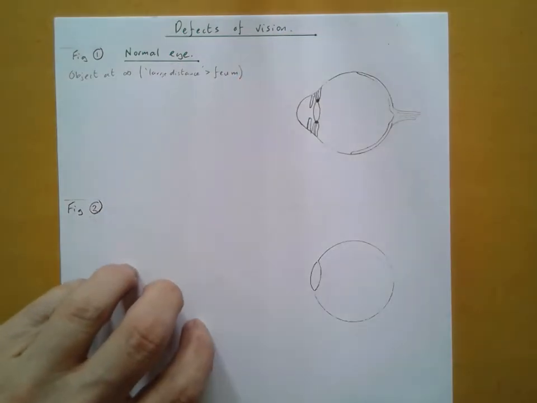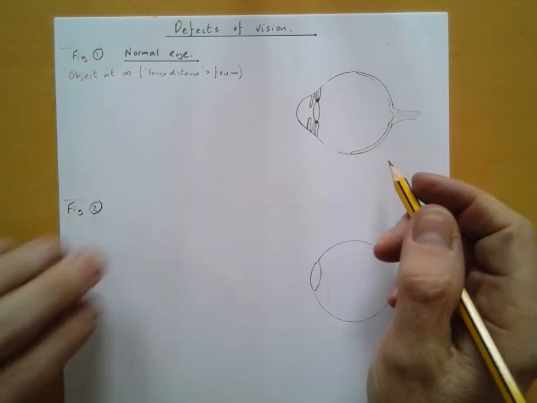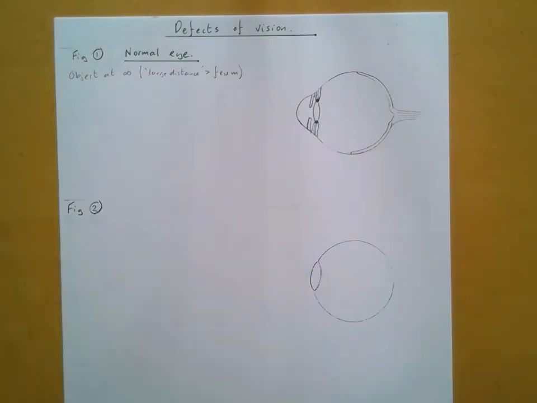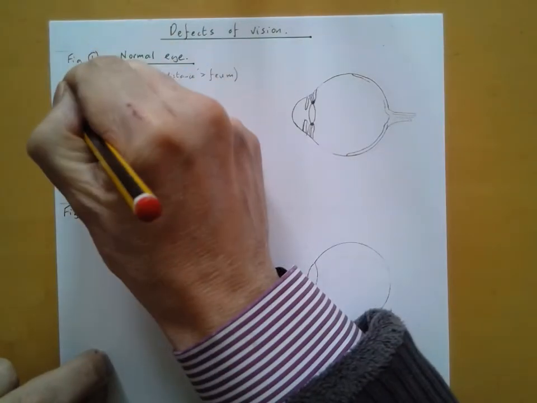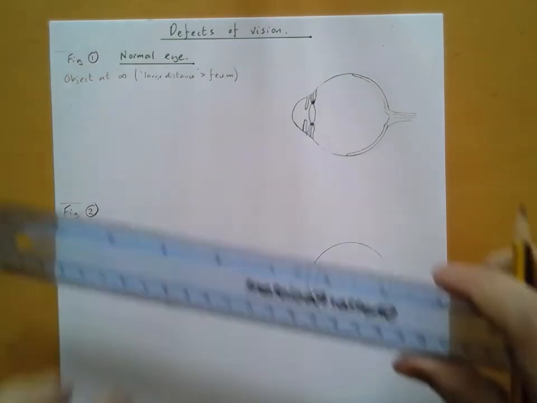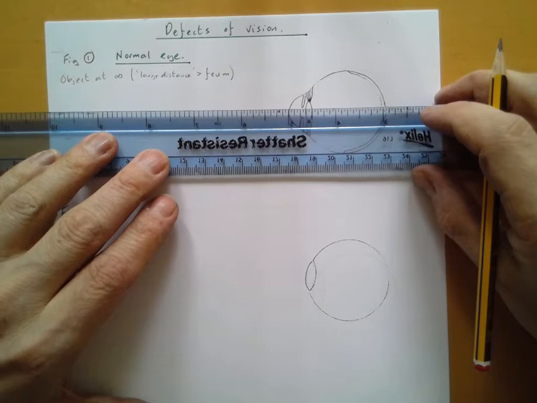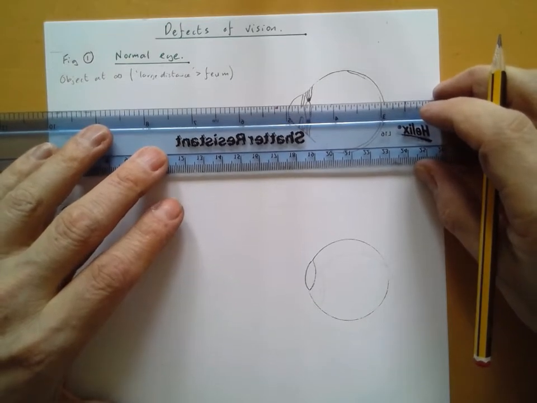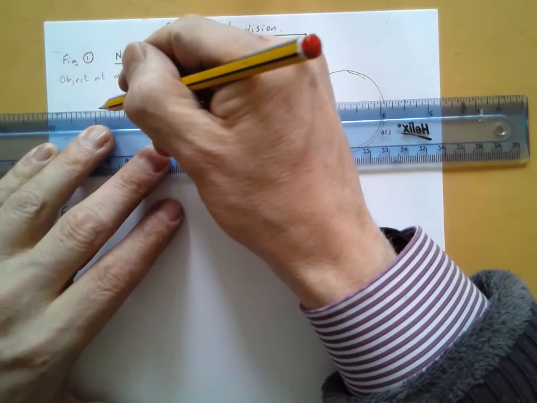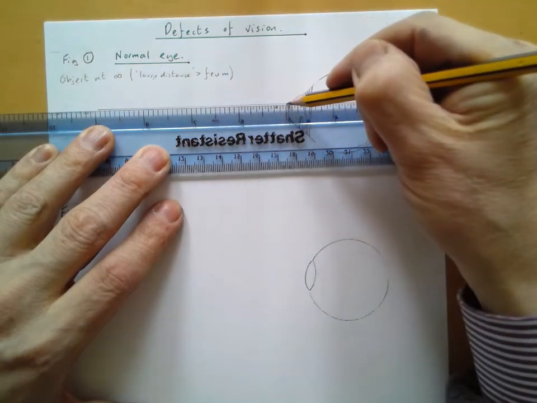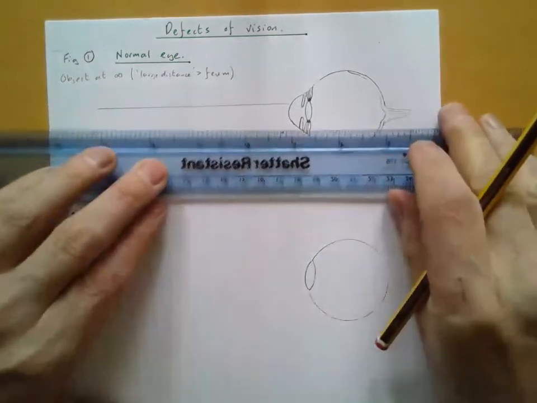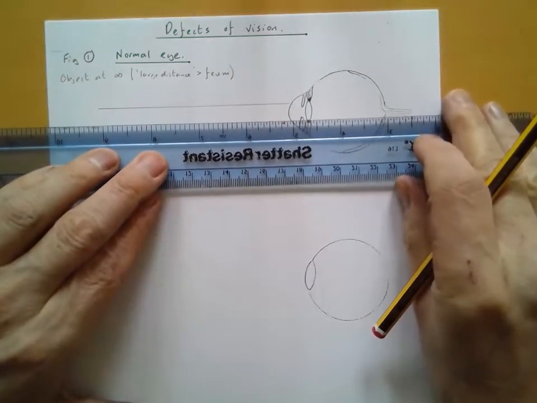Now, if the object is way out here somewhere, then the rays coming from that object, when they arrive at the eye, are effectively parallel.